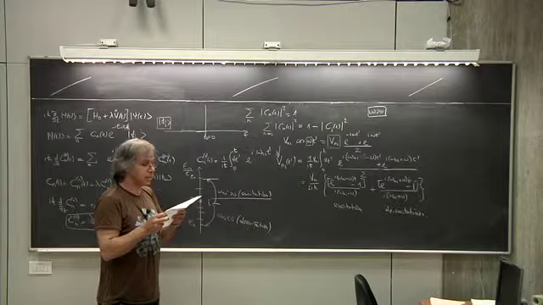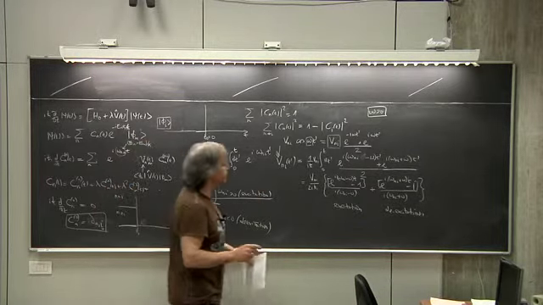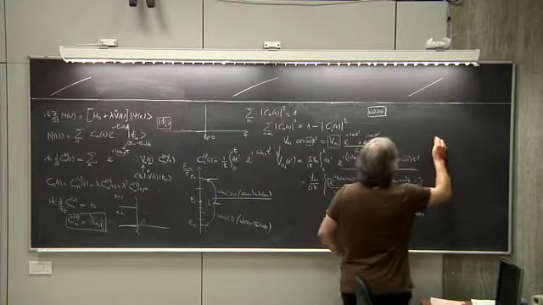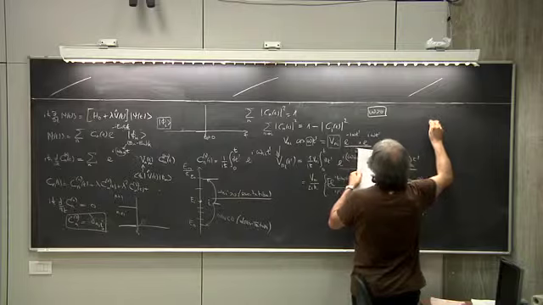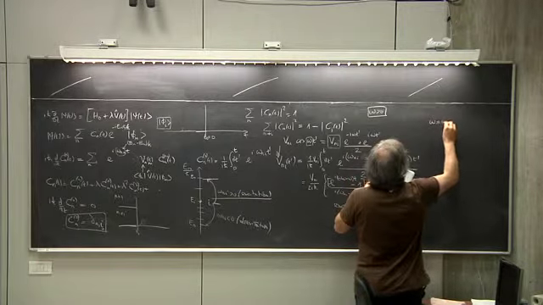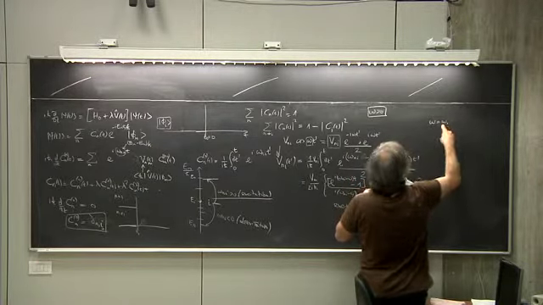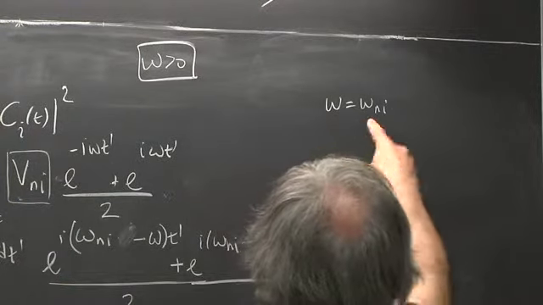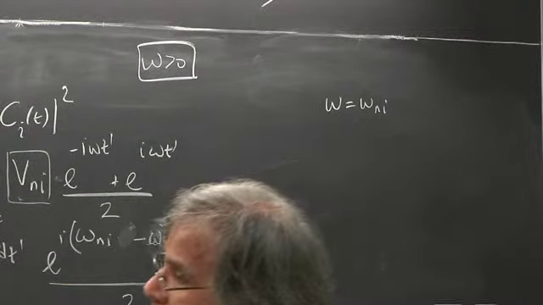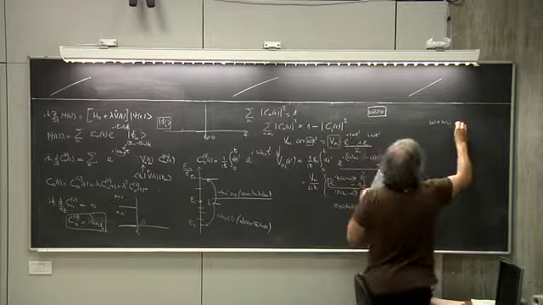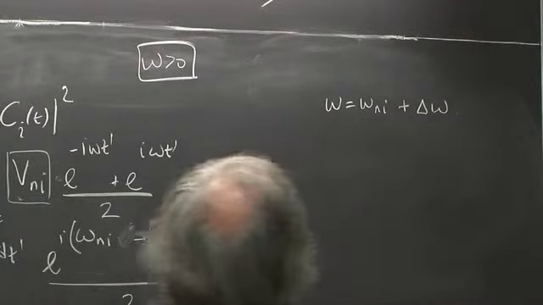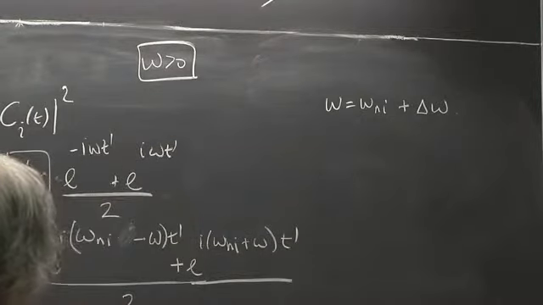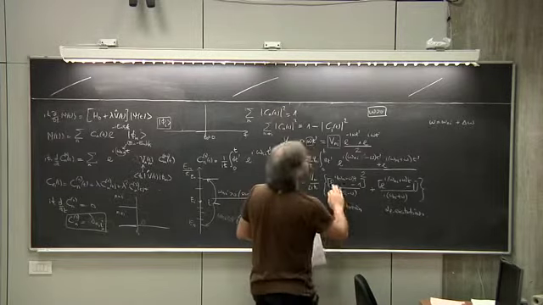The argument could be made very precise. Let's see. If omega is equal to omega_ni, so omega_ni is positive, so this is an excitation process, plus some small delta omega, then this term here will be what?